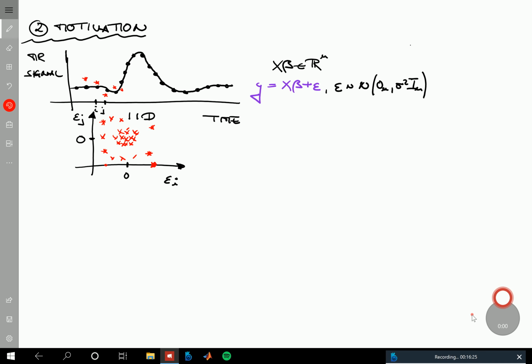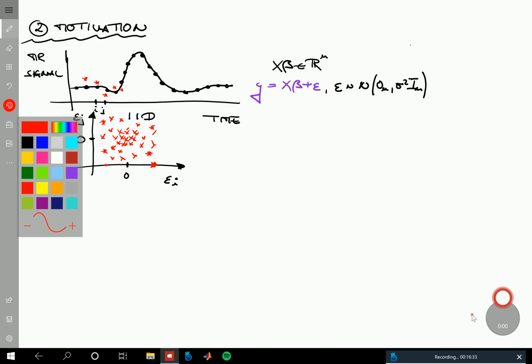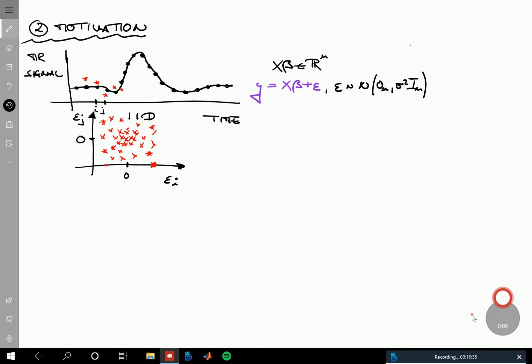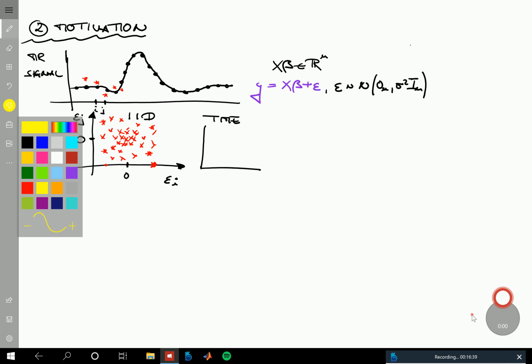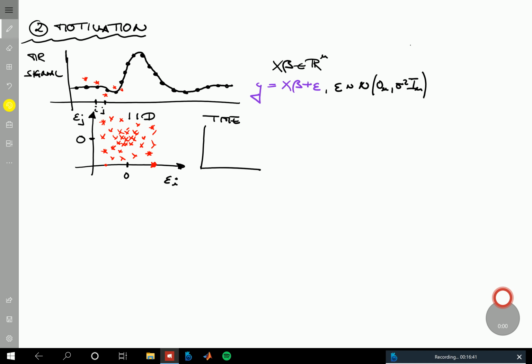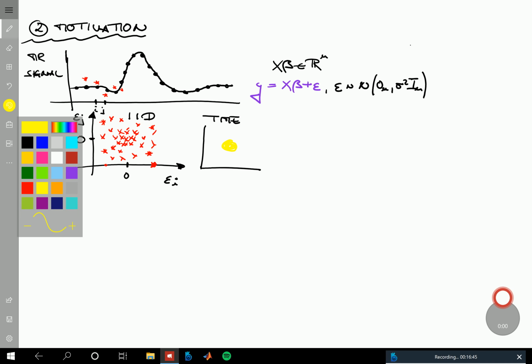And of course this is just again representing the spherical error covariance matrix, which in analytical form we would put as a circle of isocontours for the Gaussian.